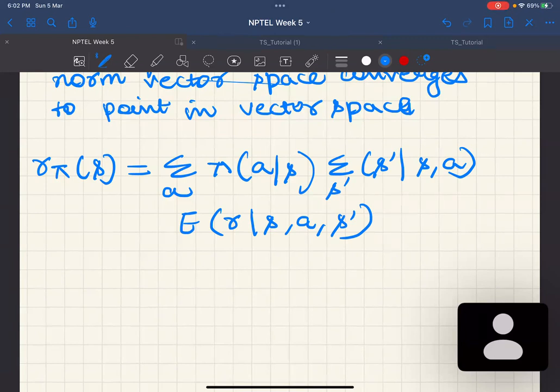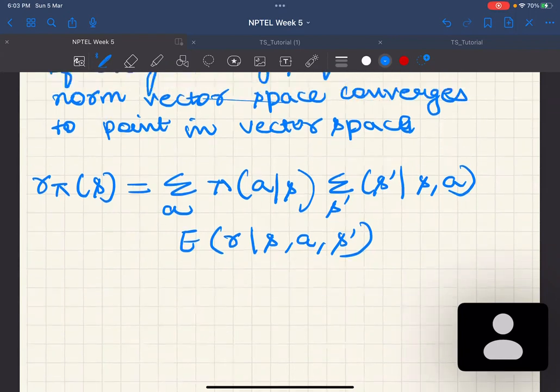R pi is the reward under the policy when we are starting from state S, and that equals to basically, first we are taking one action on a given state, and then we are summing over A, and then for the next state it takes us to the next state S1, and we are again summing up this thing.